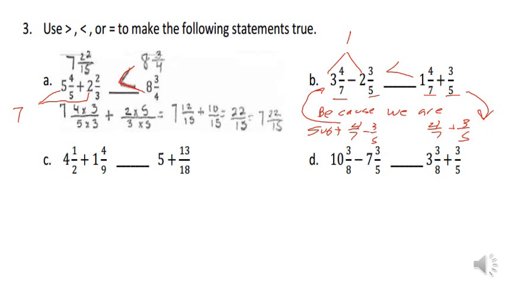On C, once again, I'm going to add these two, and I end up with 5. Now I've got 1/2 and 4/9. I'm going to go ahead and convert this 4/9 into 18ths so I can compare it. I multiply that by 2, that's going to be 8/18ths.